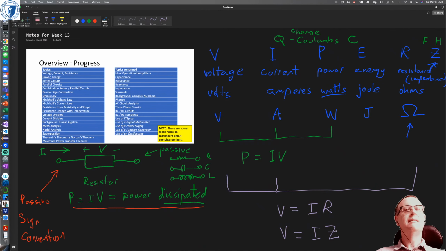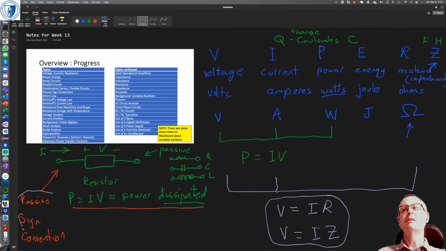And again, these hold provided your device satisfies the passive sign convention. If the passive sign convention doesn't hold, then you get a different Ohm's law. You get V equals minus IR.